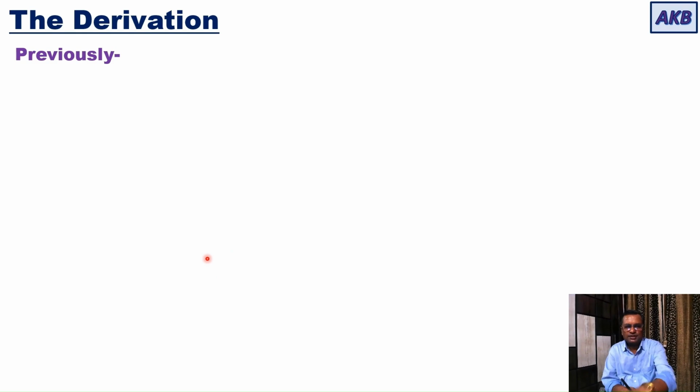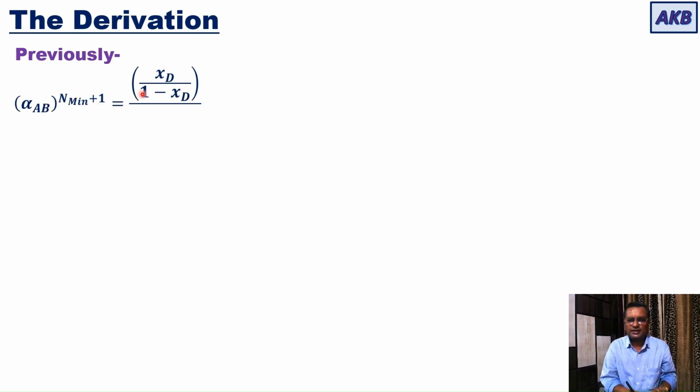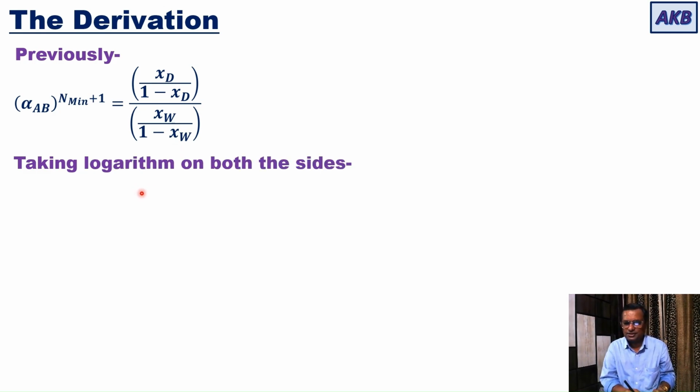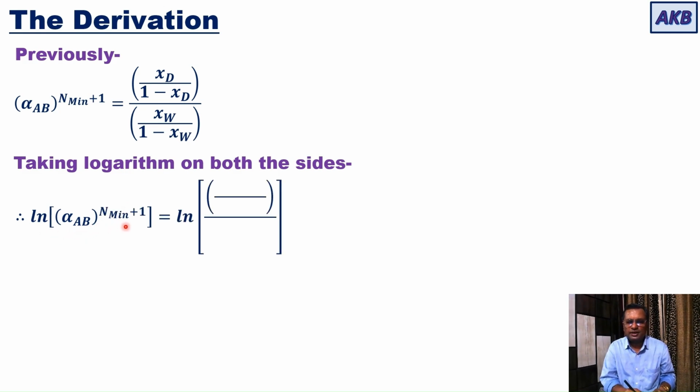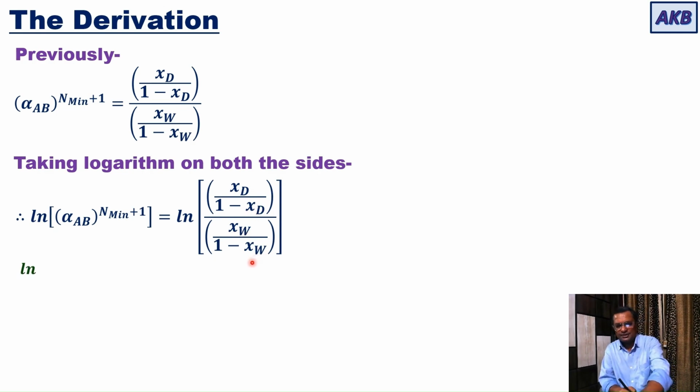Previously we got this equation: alpha AB raised to n minimum plus 1 is equal to xd upon 1 minus xd divided by xw upon 1 minus xw. Now I will take logarithm on both the sides. So ln of alpha AB raised to n minimum plus 1 is equal to ln of xd upon 1 minus xd divided by xw upon 1 minus xw.